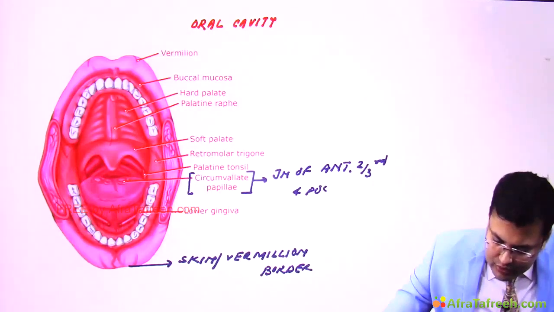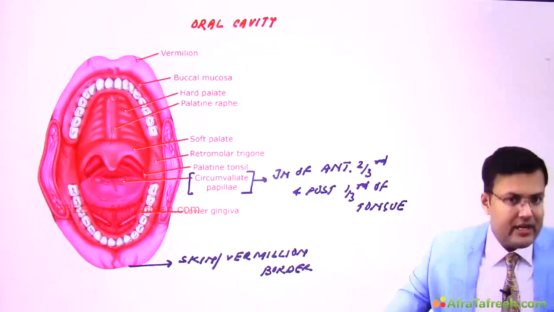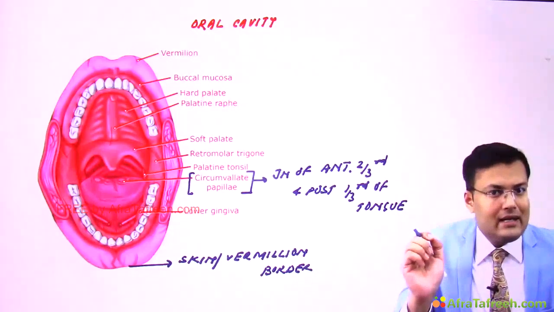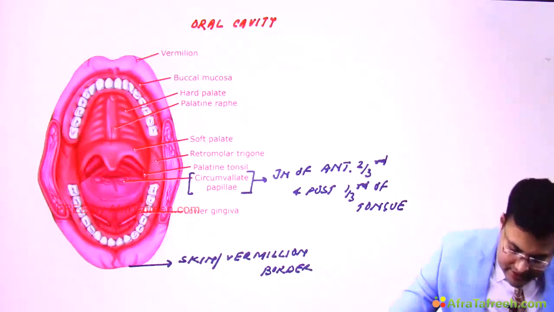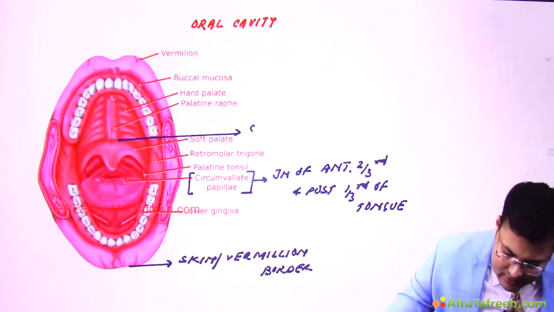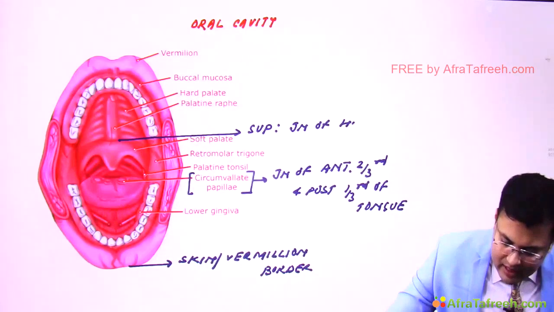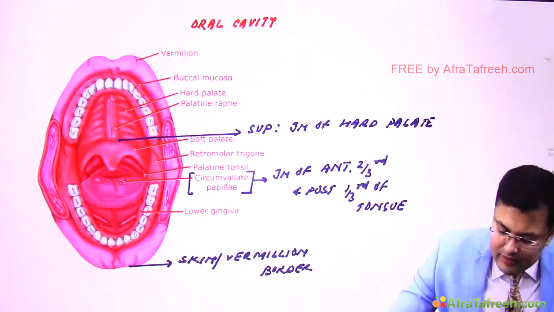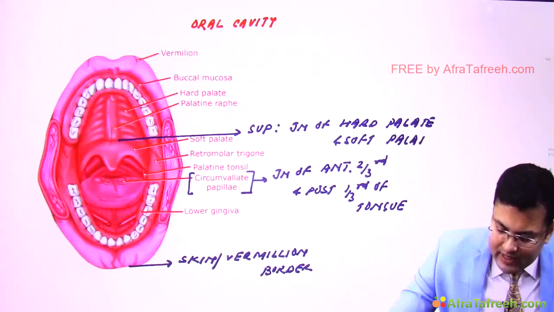This is the posterior extent, and superiorly, the junction of hard palate and soft palate. Clear? So this is the extent of oral cavity.